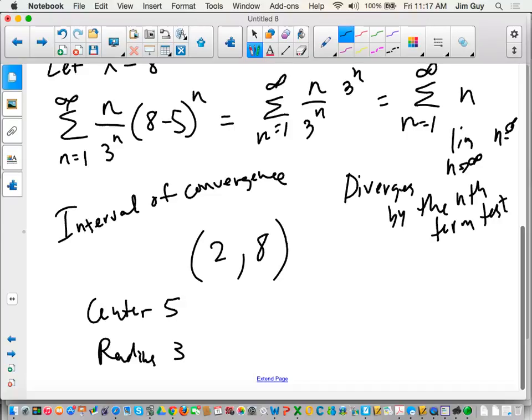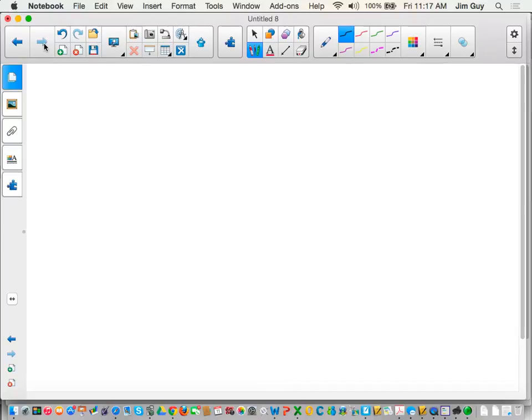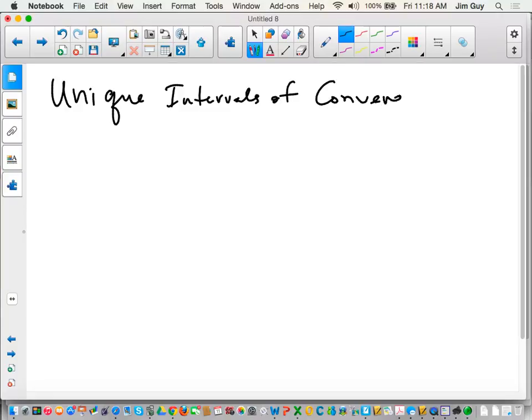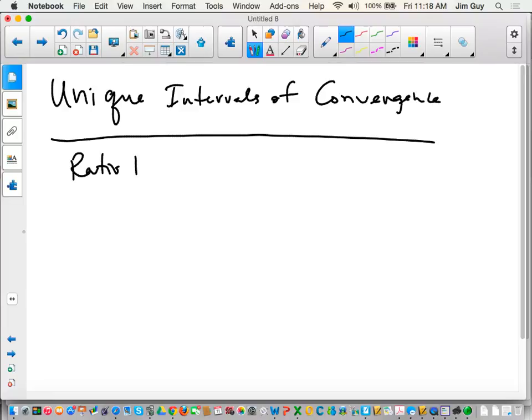Okay, when you do the ratio test to find the interval of convergence, there are a couple times you get some unique answers. So we're going to say here, unique intervals of convergence. You got the ratio test going along here, and you do all the work, and let's say it was centered at 3, so you have x minus 3 here.